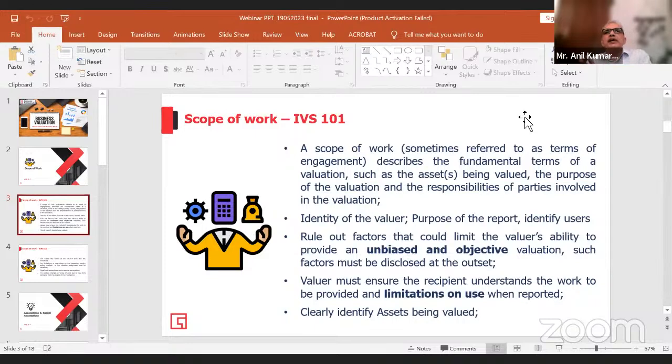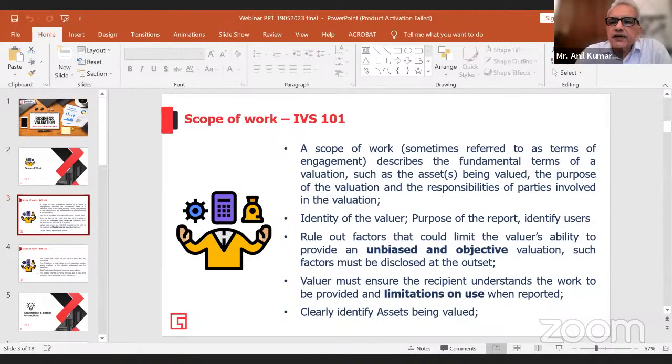It cannot be used for any other purpose, right? It cannot be used for some other third purpose, which has not been clearly understood between the parties, and therefore the valuer would normally restrict the use of the values computed in this report to the purpose of the valuation that was declared between them, right?